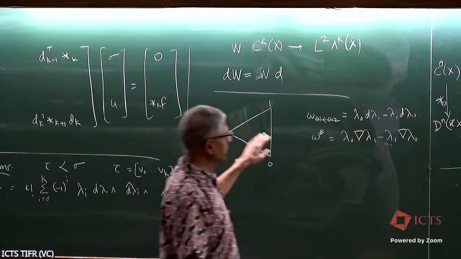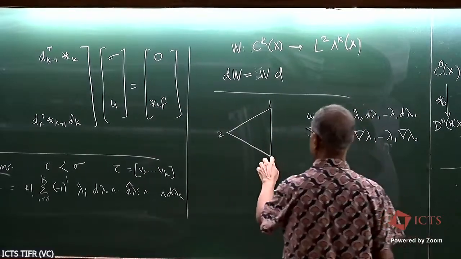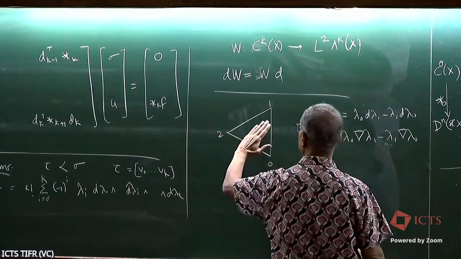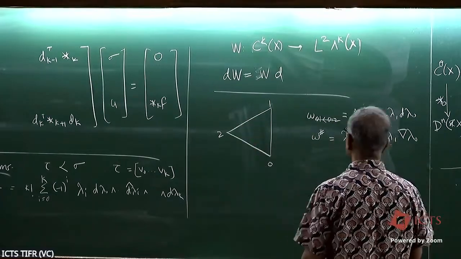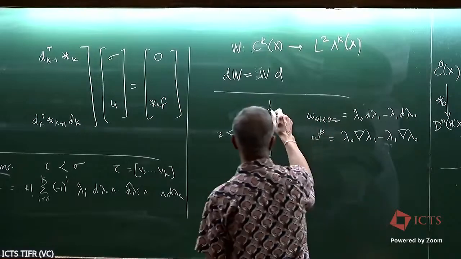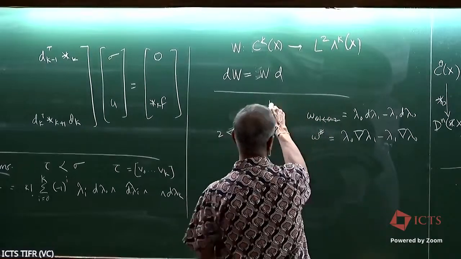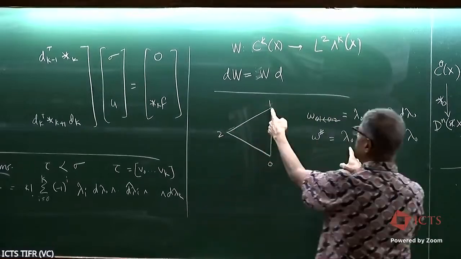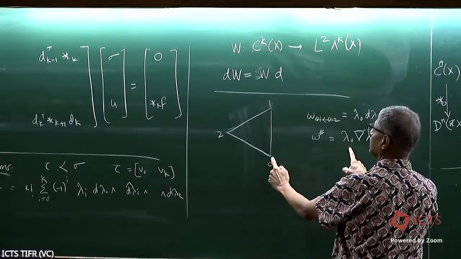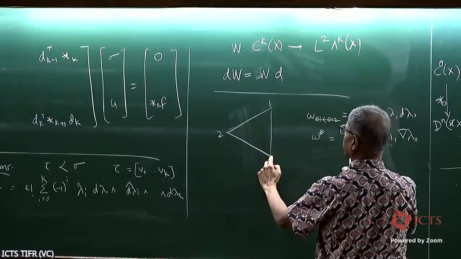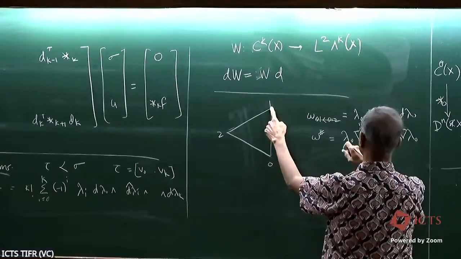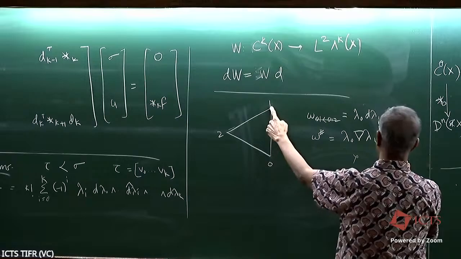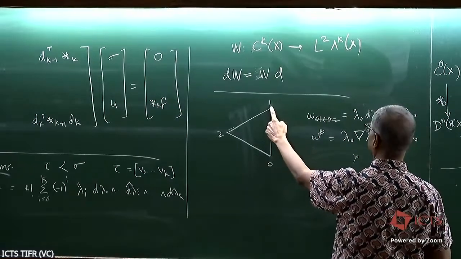So for example, this lambda 0 is something which is 1 here and 0 on this edge, and it's linear. So let's look at this edge. When I'm here, lambda 0 is 0, right? Lambda 0 is 0 on this whole edge. So this term goes away. And we just have to deal with minus lambda 1 grad lambda 0.